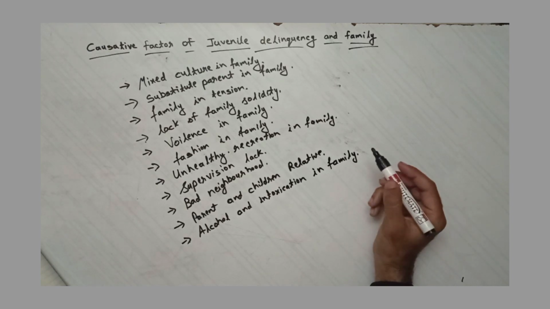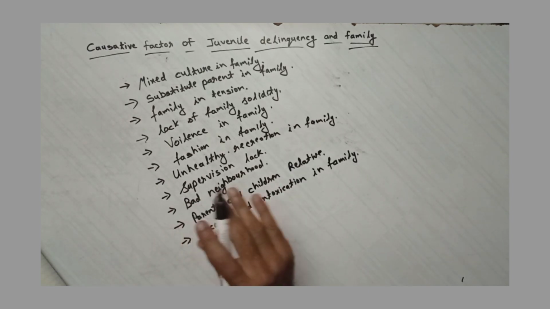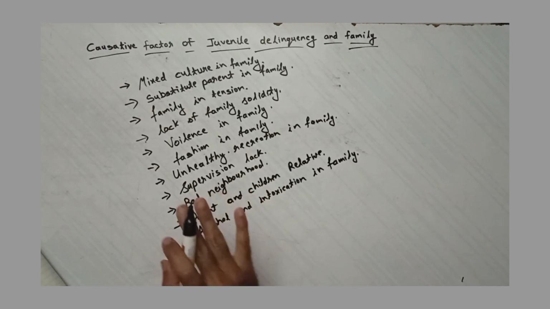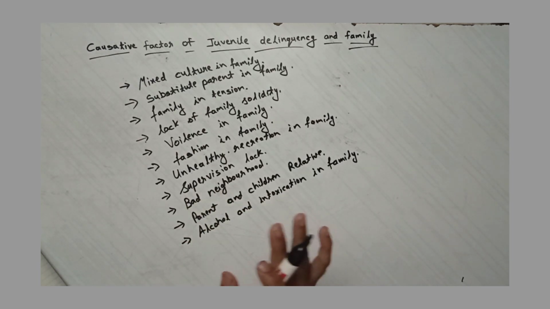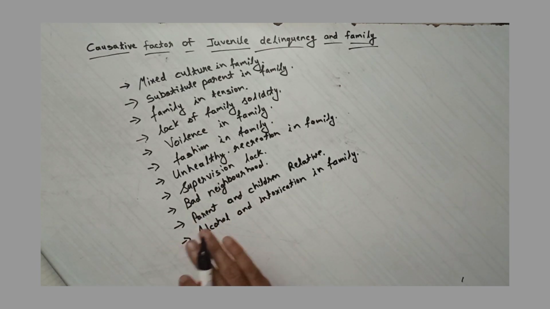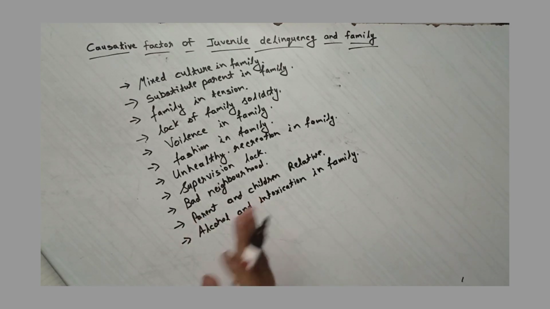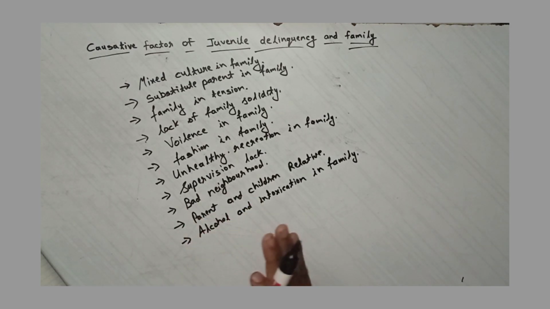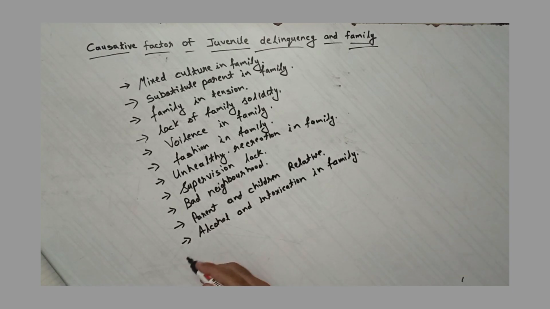We should always keep in mind that these are all factors from the view of the family: what family conditions are responsible or cause the factors linked to a family.